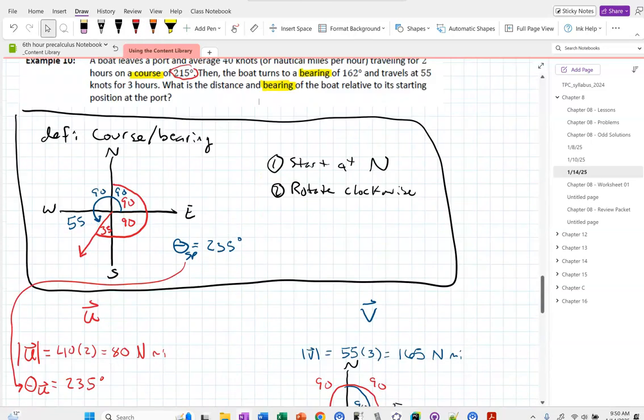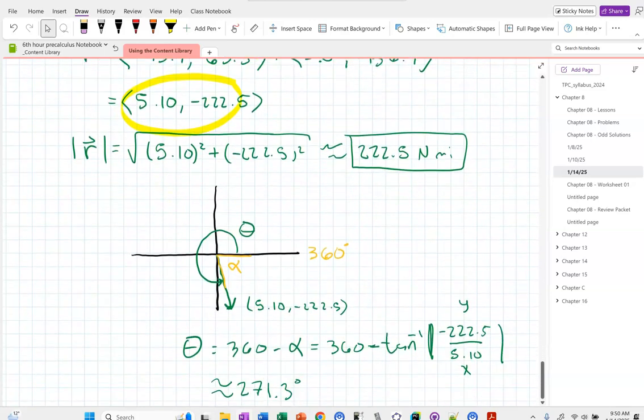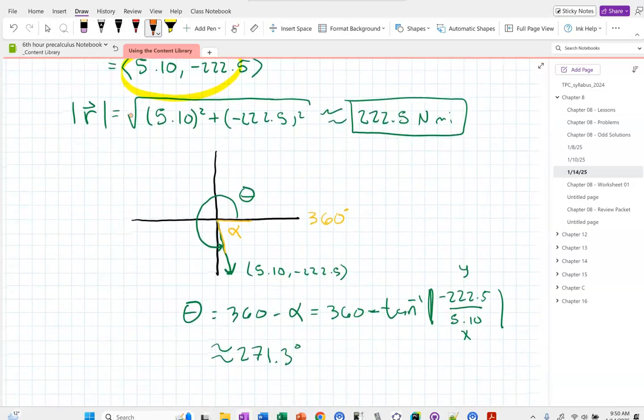Yeah, I have to convert that standard position angle to a bearing, right? So I need that value now. So I'm going to do 90 plus alpha. Yes.